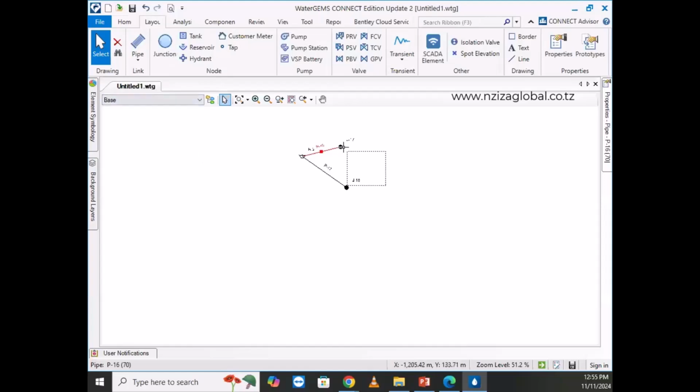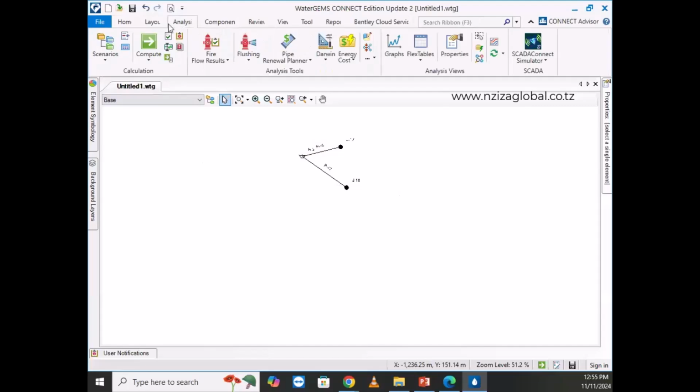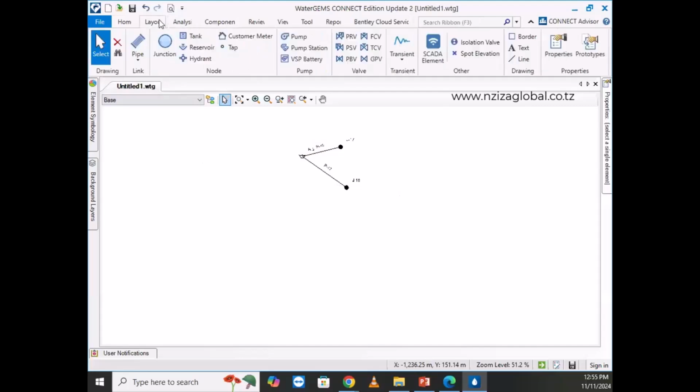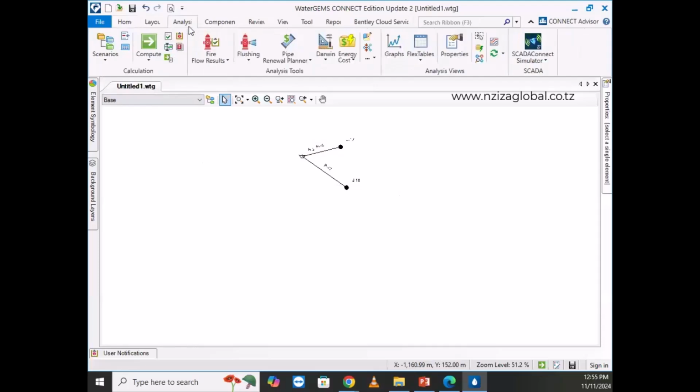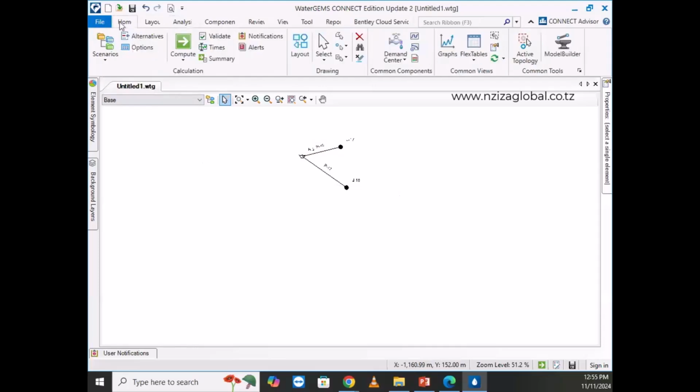The flex table can also be seen here at home. It's not necessary to go to analysis. Here at home you can find it. Okay?